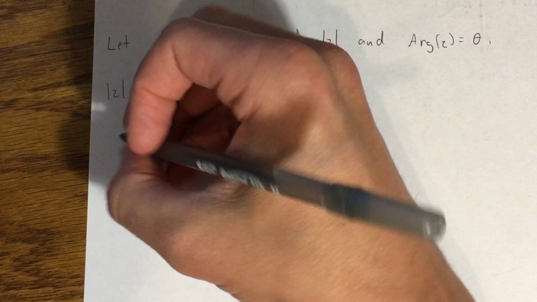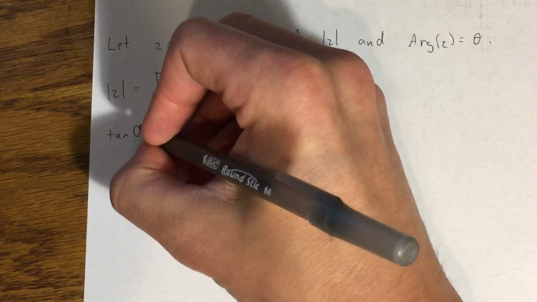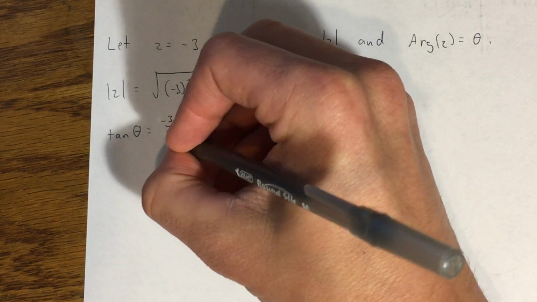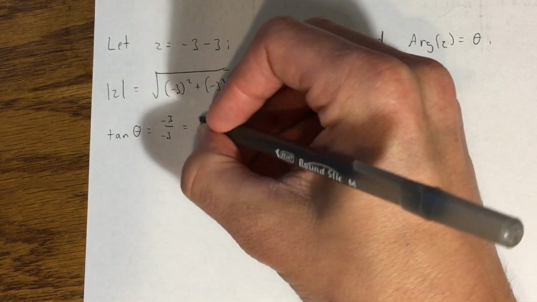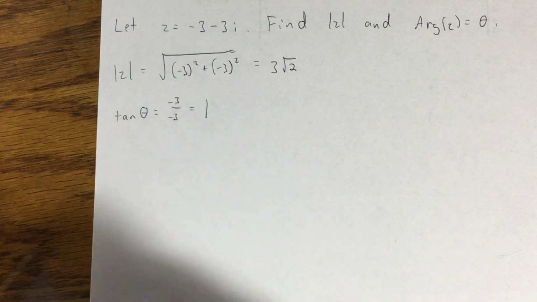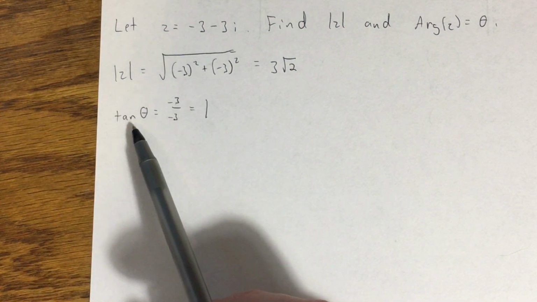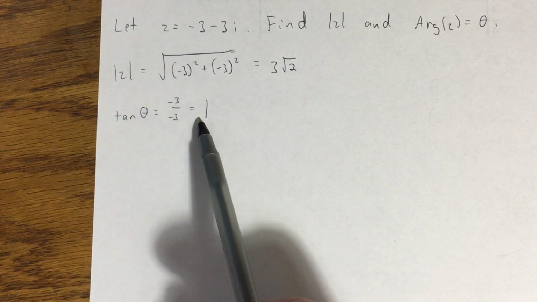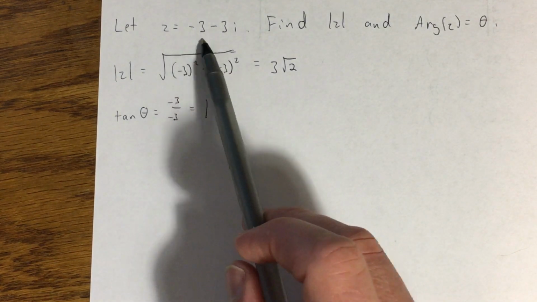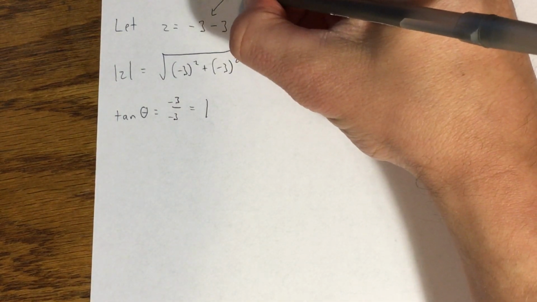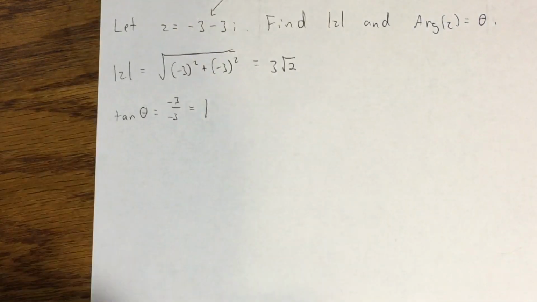The argument, again, we find using this relationship. Tangent of theta equals y over x, or negative 3 over negative 3. That equals 1. Now, the value that I'm getting here is a familiar value for tangent. If I were to take the inverse tangent of this, I'd get pi over 4. But that's a problem, because pi over 4 is in the first quadrant, and if I go back here and look at this complex number, I can see that it belongs to the third quadrant.